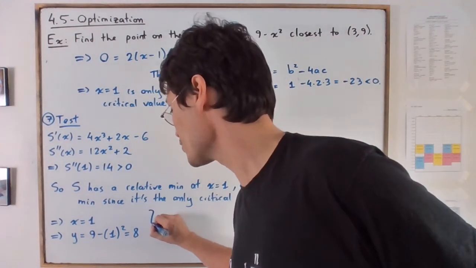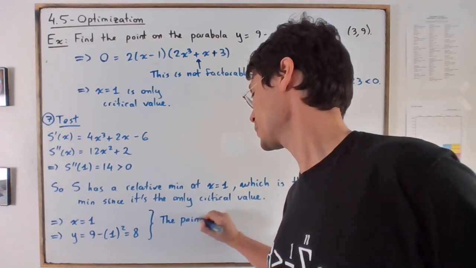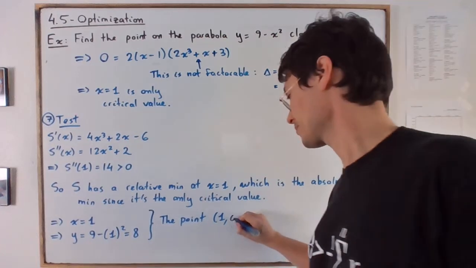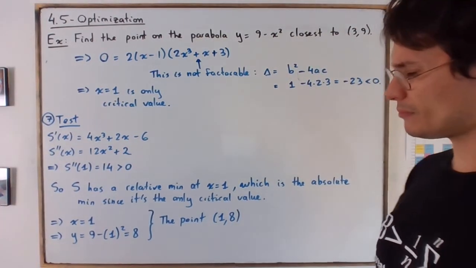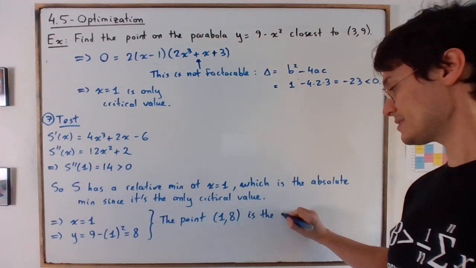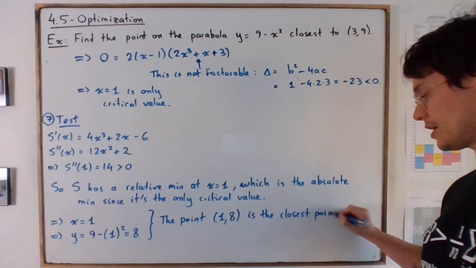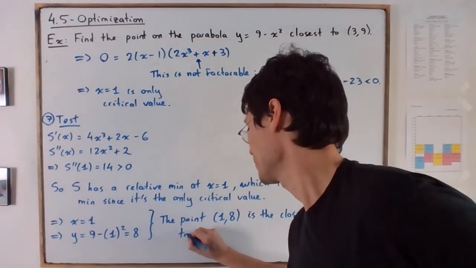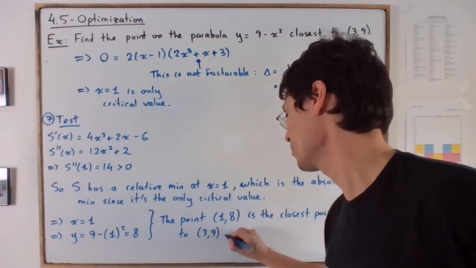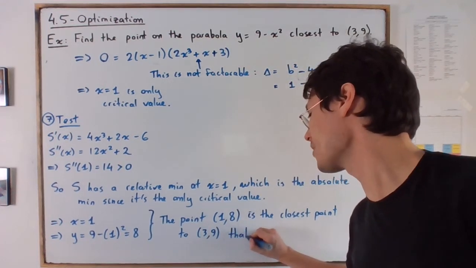So as a conclusion, the point (1, 8) is the closest point to the point that was given, (3, 9), that is on the parabola.